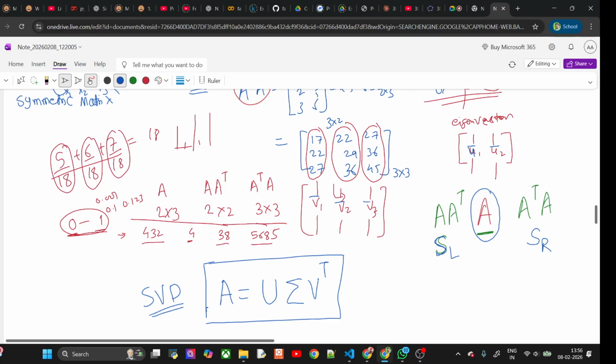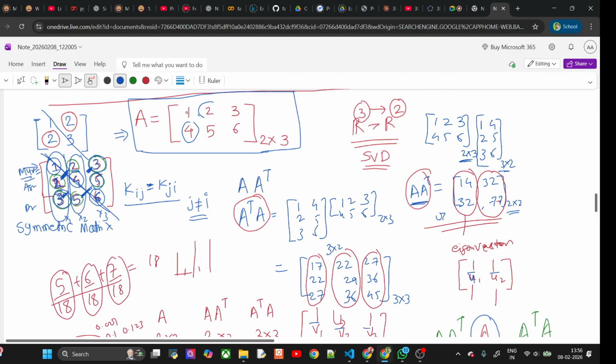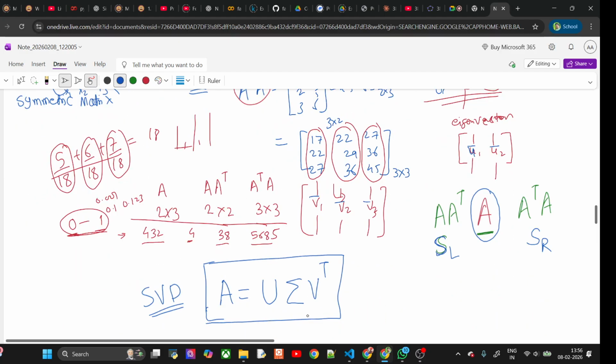Singular value decomposition means any matrix, whatever it may be. I gave the example of this A, 1, 2, 3, 4, 5, 6. Whatever its range or dimensions, don't care about that. Any matrix, you can decompose and put into these three matrices.